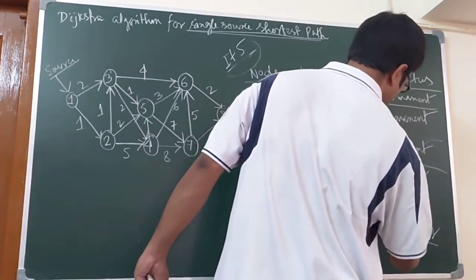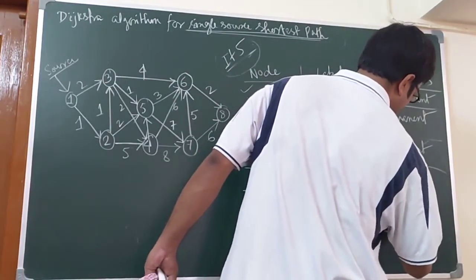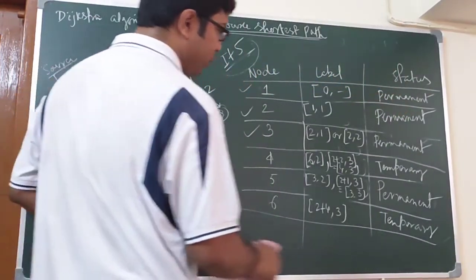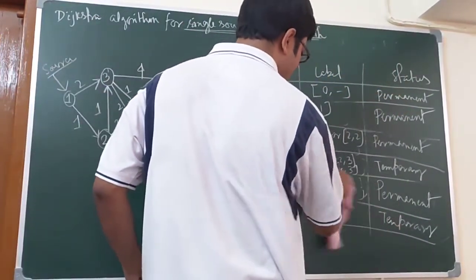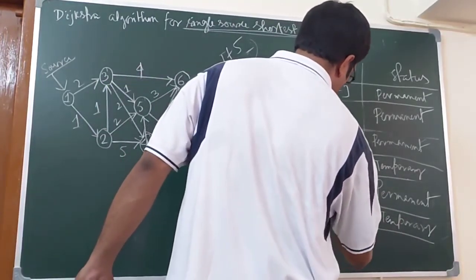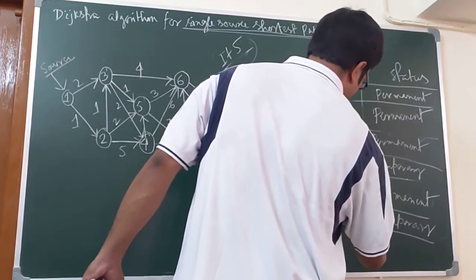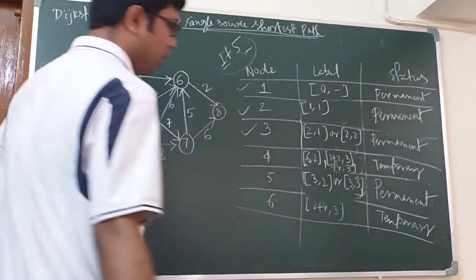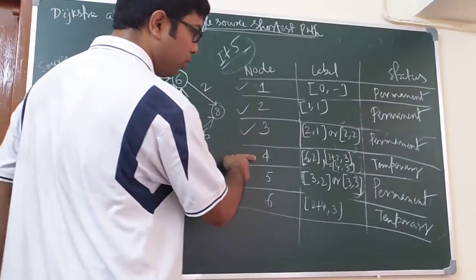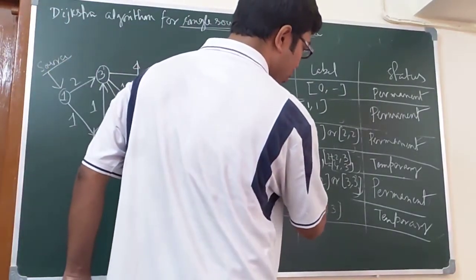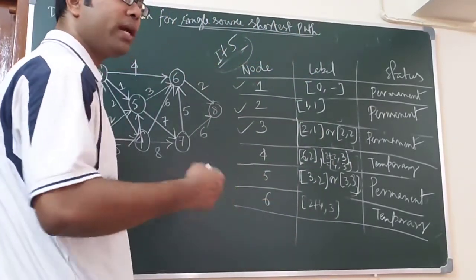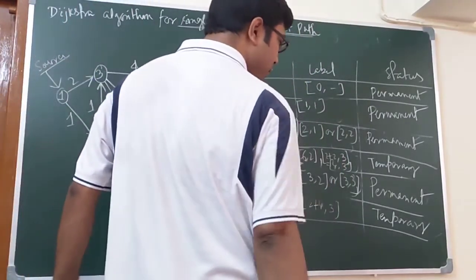So 5th node will now become permanent with the value 3 2 or 3 3. And in 4th node, the values are 6 2 or 4 3. Which one is minimum? 4 3 is minimum.